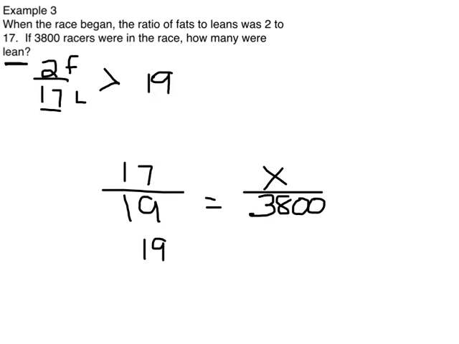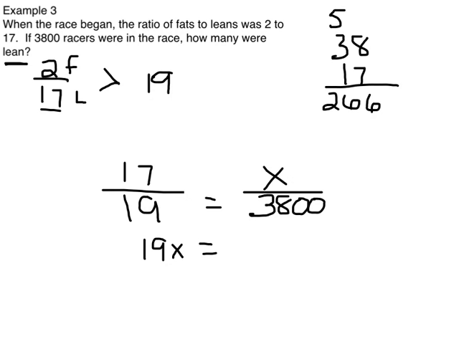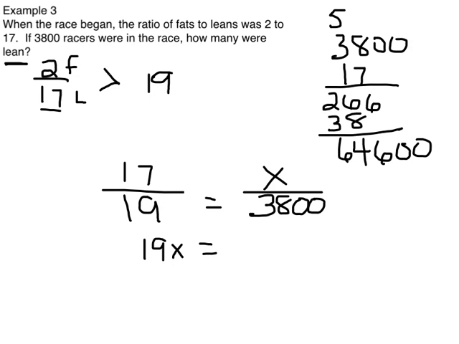Now I cross multiply. 19X equals 38 times 17, and then I'm going to add 2 zeros because this was really 3,800.